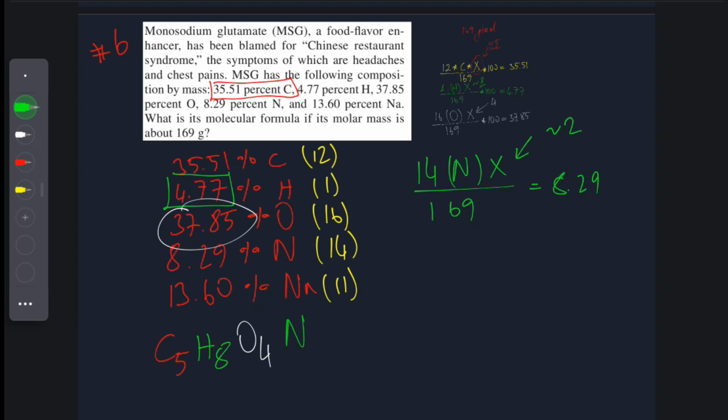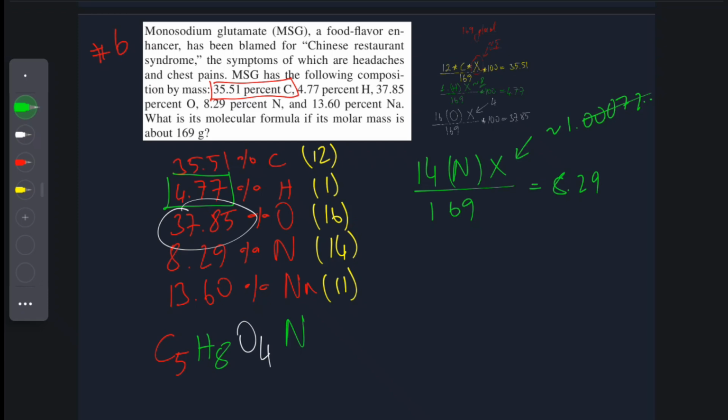Oh, not 2, it is 0. So I can calculate. Yes, it is very close to 1, 1.00072 and goes on. So it is just 1. There is 1 nitrogen in the molecule.